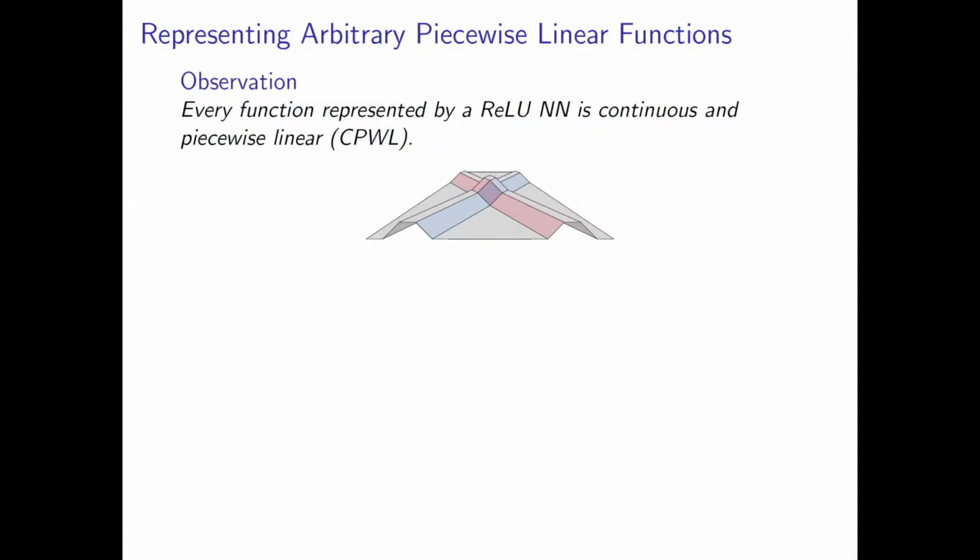It means that you take your input space, subdivide it into some polyhedral regions, and it's linear on each of these polyhedral regions. Now, the cool thing is that the converse is true as well. So give me any continuous piecewise linear function, and I can give you a ReLU neural network computing it. Exactly, on R^n.